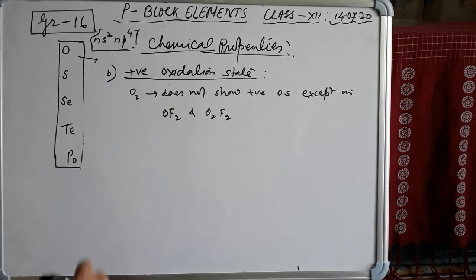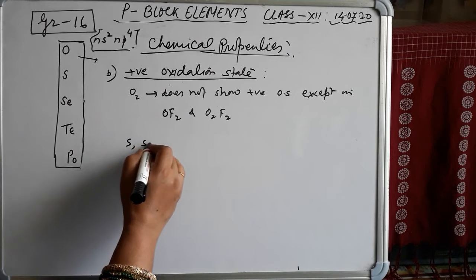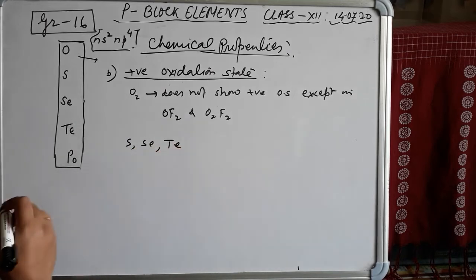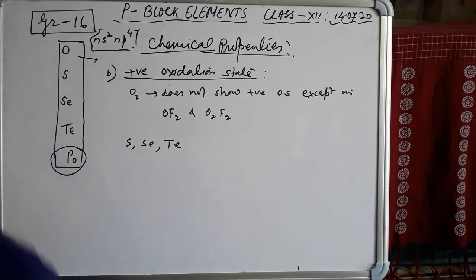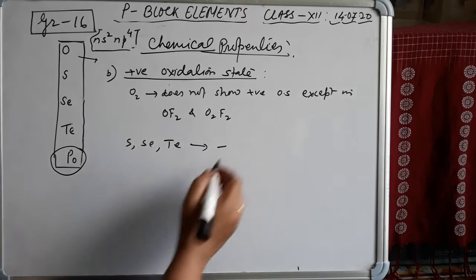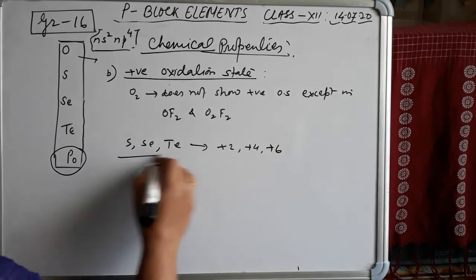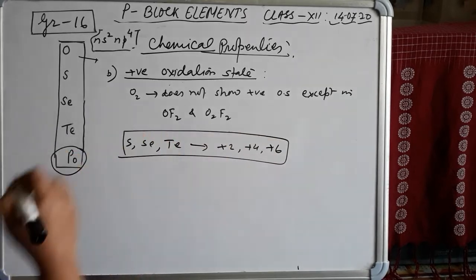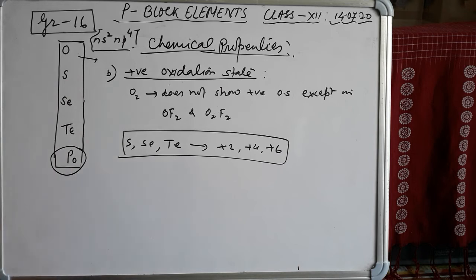But all the other family members show the positive oxidation state: sulfur, selenium, tellurium. We do not talk much about polonium because it is electropositive in nature. They show the variable oxidation states +2, +4 and +6. A large number of oxidation states are shown by the members other than oxygen.